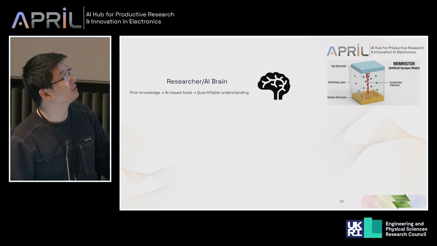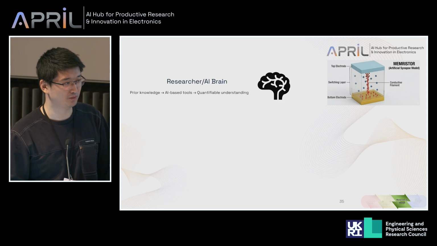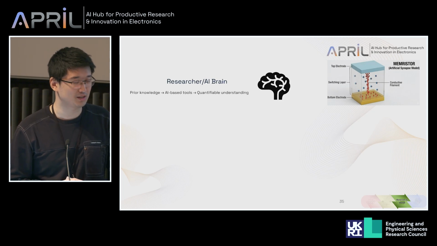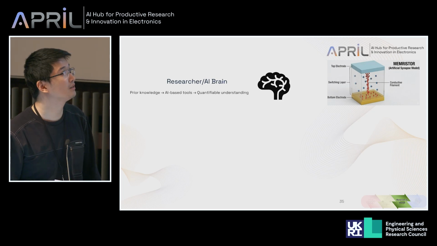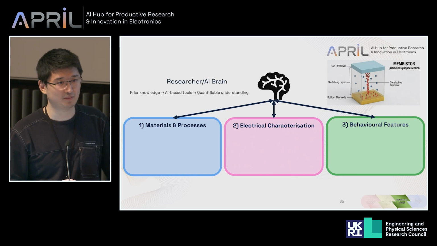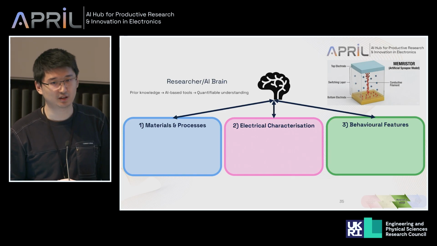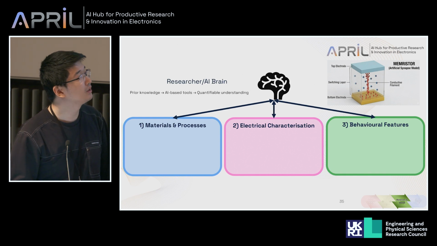Our goal is to combine prior knowledge with AI-based tools to better understand the behavior of the device. We created our own data pipelines to collect all the data from the material and process, electrical characterization, the extracted features and derived models.